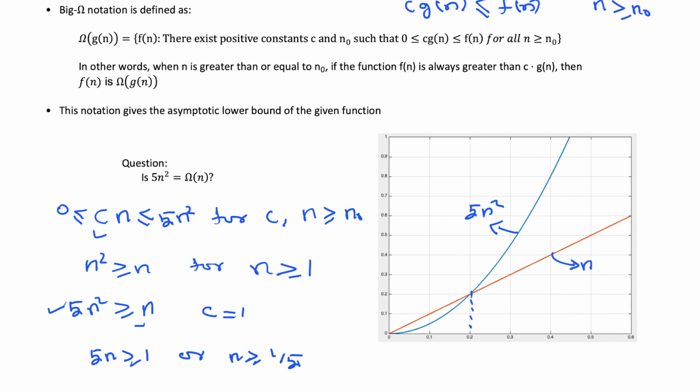The function n is an asymptotic lower bound for 5n², and we use the term asymptotic because n can go to infinity. Whatever the case may be, this relation will always be true. So we can definitely write 5n² as big omega of n.